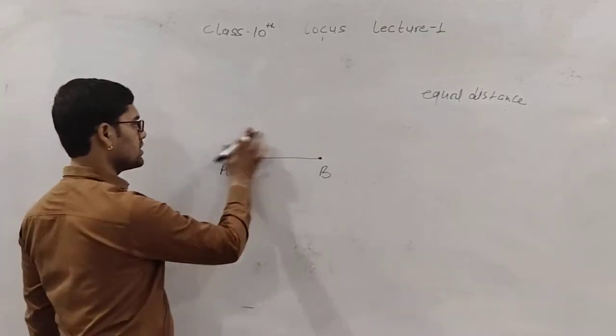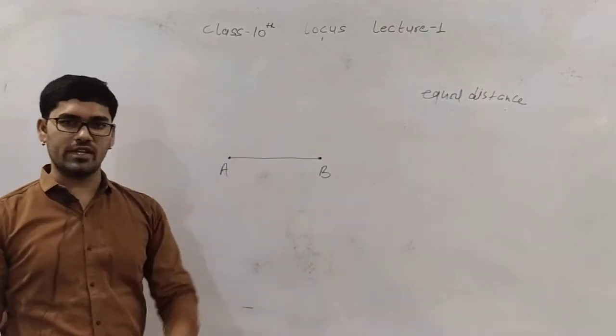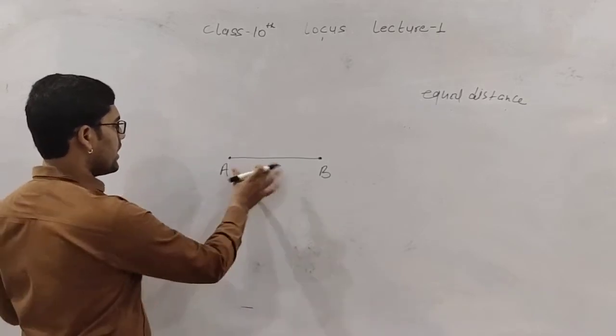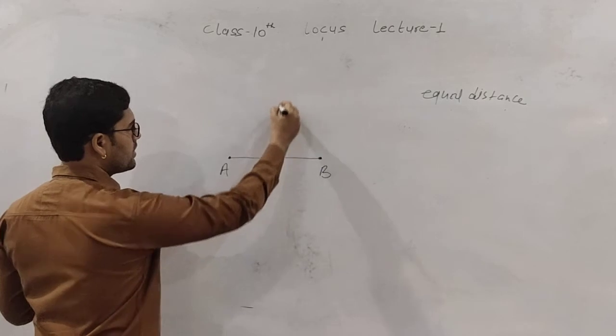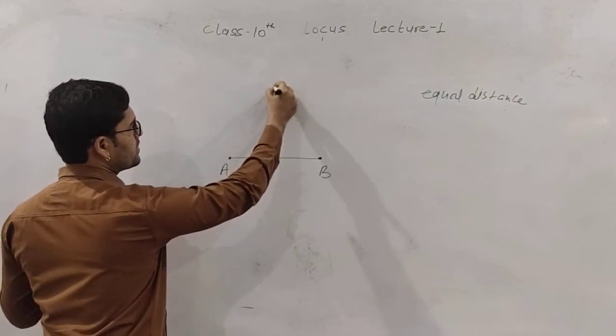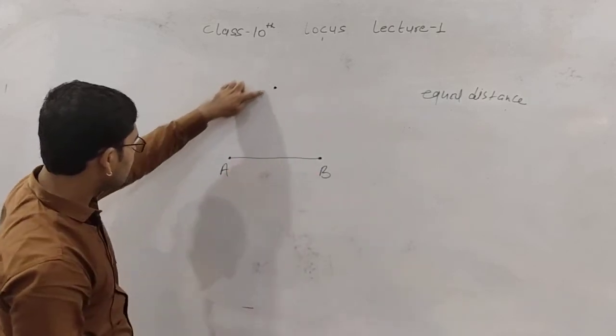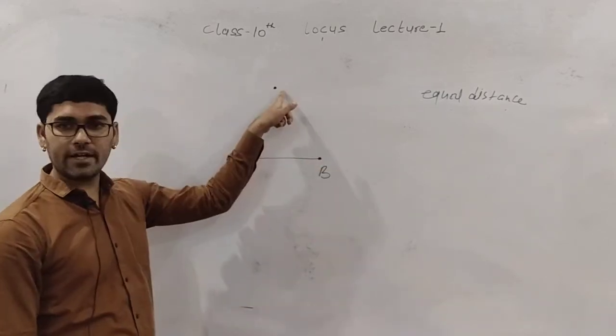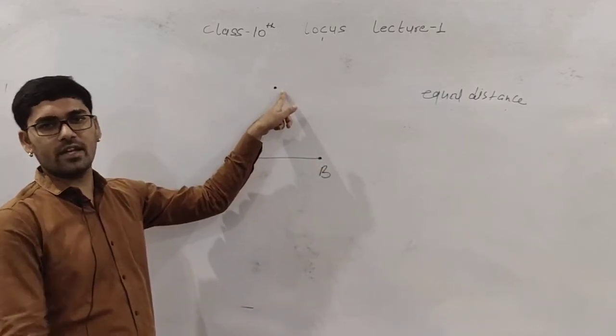This is not the locus. The distance must be equal. That is the condition. So I can suppose that this distance and this distance are equal. It can be a locus.